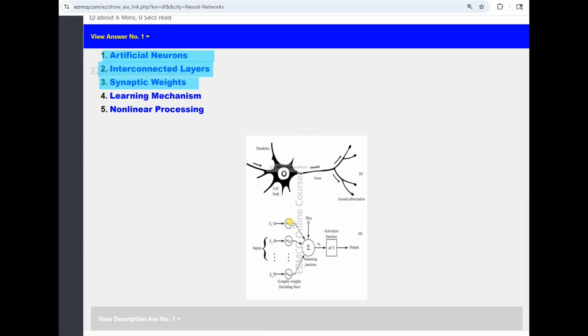We'll talk about it. This is similar to the synapses in the brain. Pardon my pronunciation. These weights determine the influence of one neuron's signal on another.